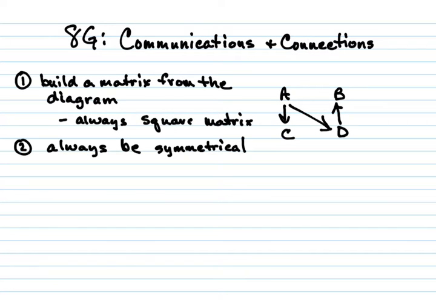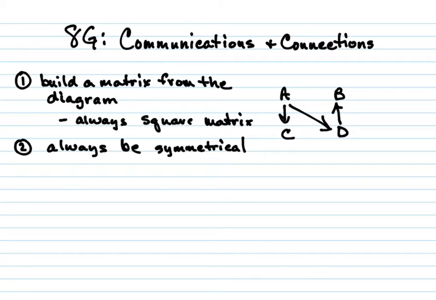And again, the reason they're symmetrical is because you're getting the same information from the diagram. So if you're connected to someone, then that person is connected to you, right? So you're going to get symmetry across these. And again, that may not seem important, but they're going to ask you some questions about it.